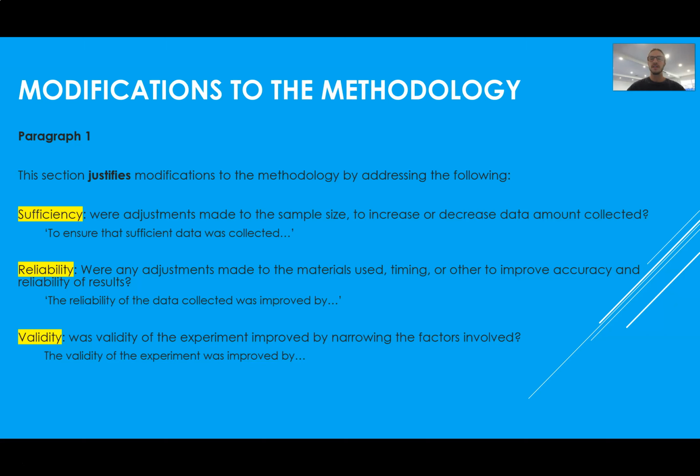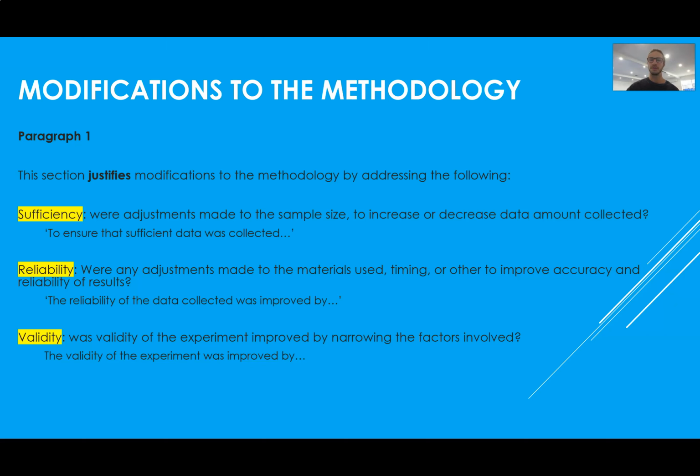If you increase the number of samples that you collected, then that was to improve the sufficiency, the amount of data that you're collecting. So say that here. To ensure that sufficient data was collected, the number of samples was increased from this to this. Reliability. If you change the materials or the timing, maybe you increase the length from what ended up being for us 1 week, then say that the reliability of the data collected was improved by.